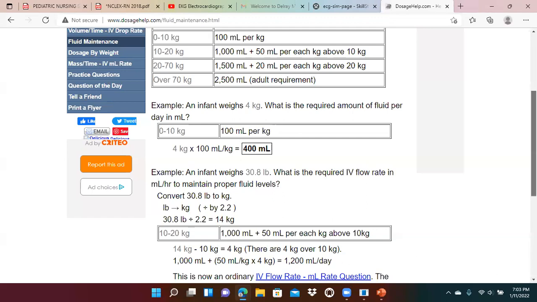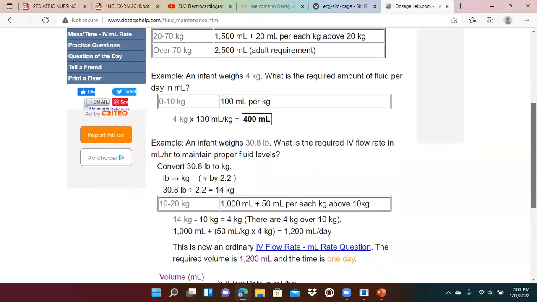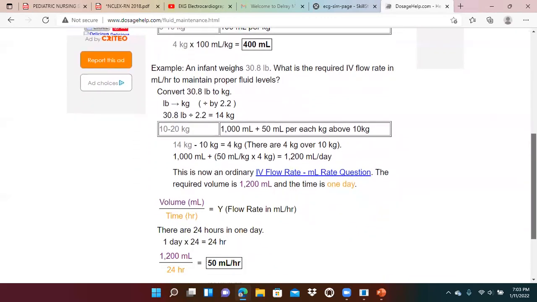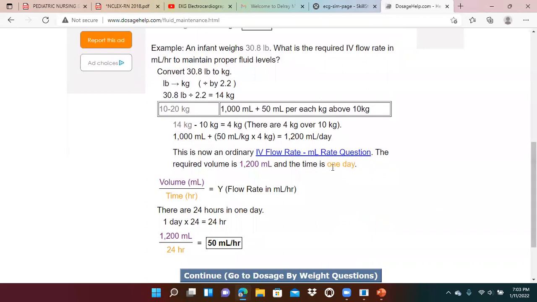So this is the pediatrics dose. So this is now ordinary IV flow rate in ml questions we have to follow. Record the volume 1200 ml. So now we got this, but the question said proper fluid level. So the flow rate formula needs to be followed.